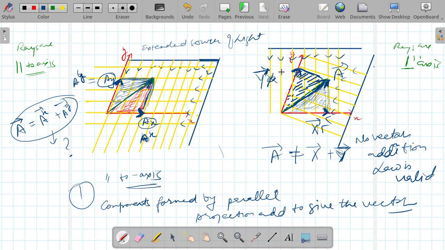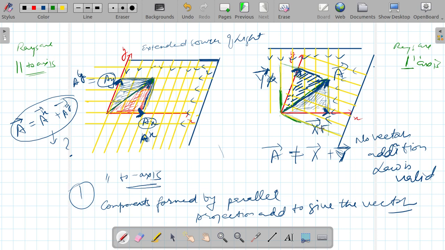If I use these two, because what's going on is that this is one axis, it is perpendicular to this one, and this is perpendicular to this. If I use these two and try to look at their projection, if it is in this way and this is in this way, then it will become a parallelogram.